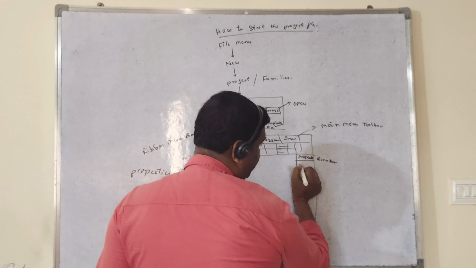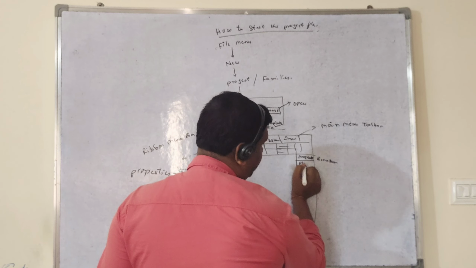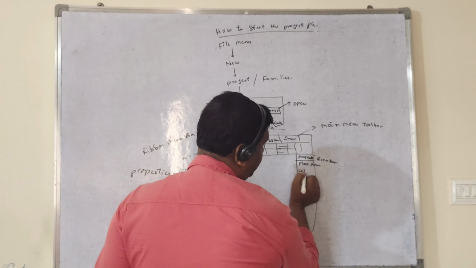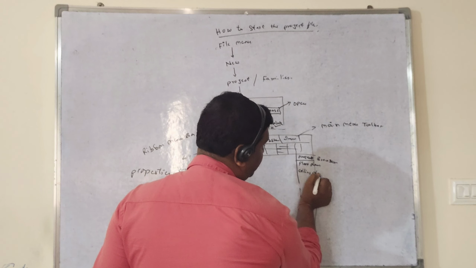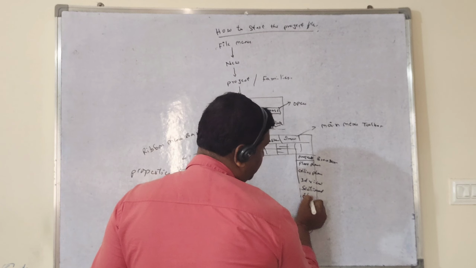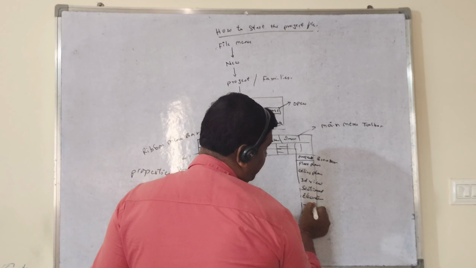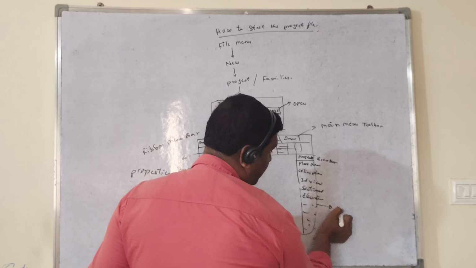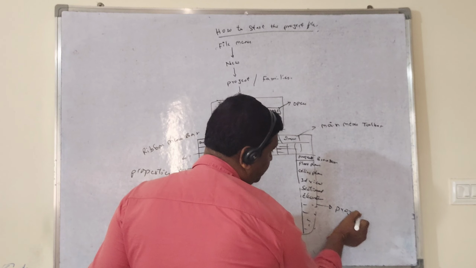Here in the project browser there will be floor plan views, ceiling plan views, 3D views, sectional views, and elevation views. These are all the views. There are a number of views. This toolbar we will call the project browser toolbar.